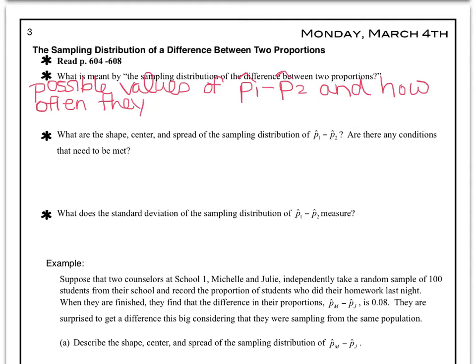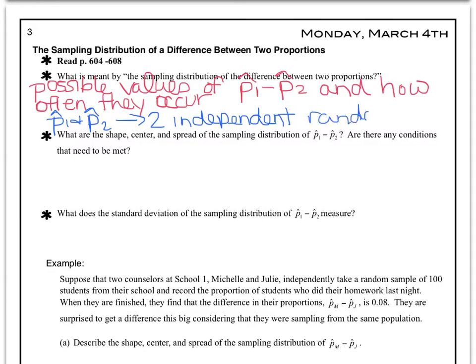Okay, there is a caveat. The caveat is that p hat 1 and p hat 2 must come from two independent random samples. Okay?